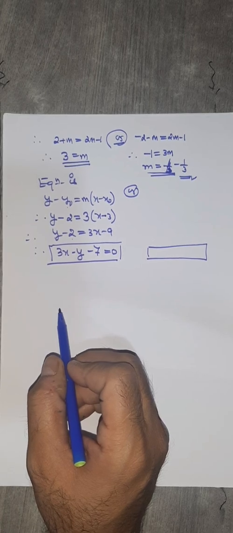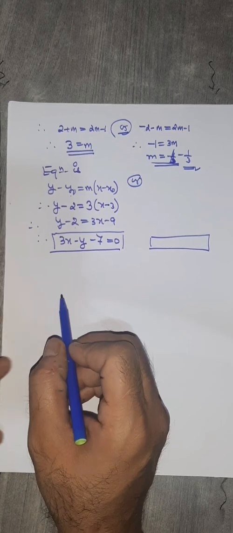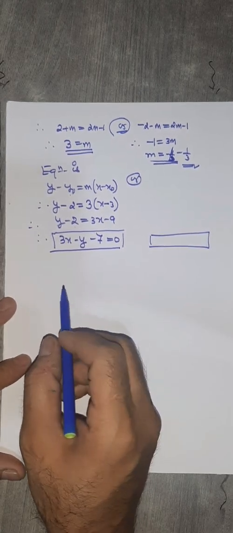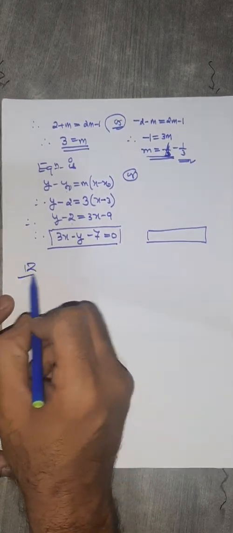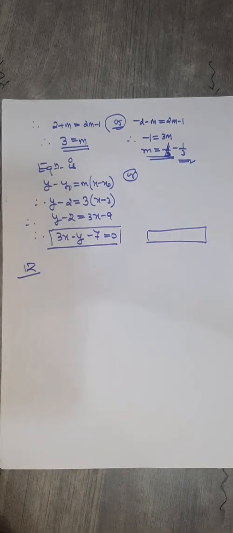Question number 12. Find the equation of the line through the intersection of these two lines. You need a line through the intersection of the given two lines.